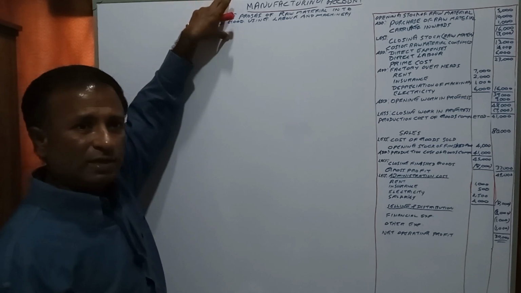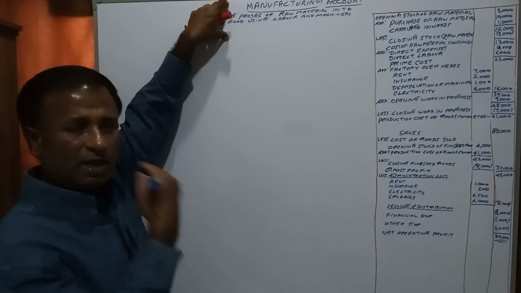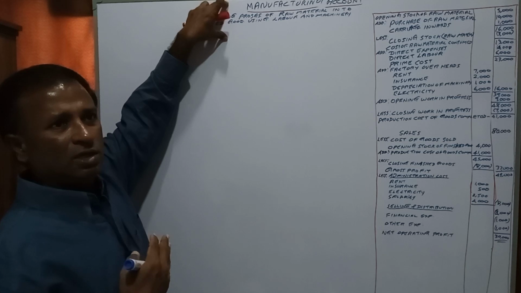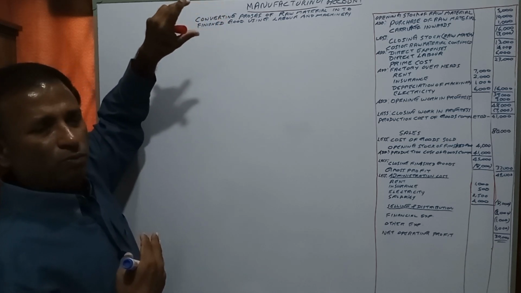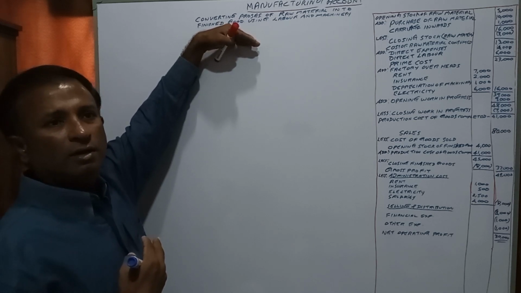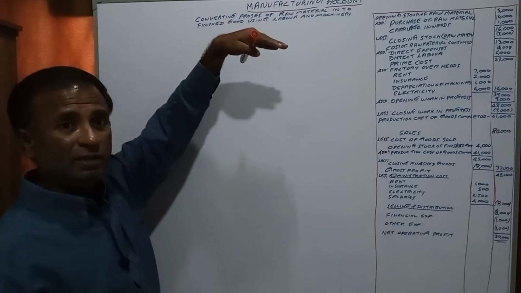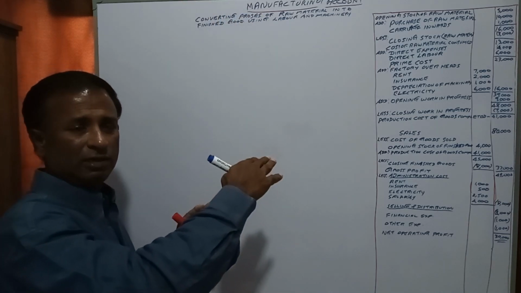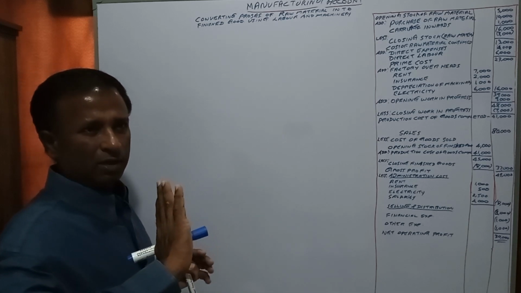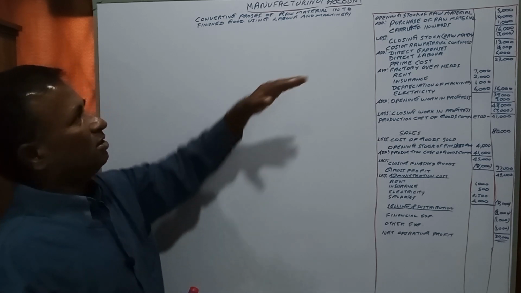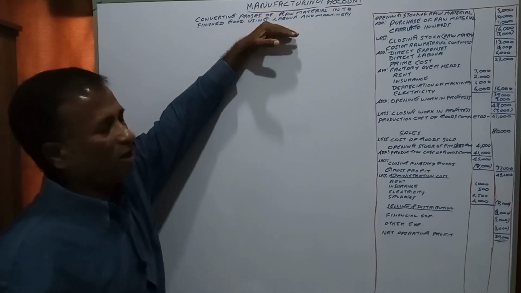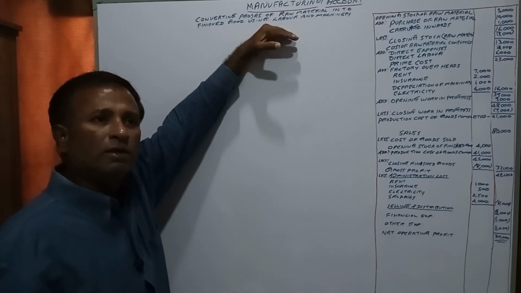The manufacturer is involved in production activity where he will have a manufacturing plant at his site, with administration, finance and everything. One extra portion, the manufacturing plant, the manufacturer will have, right?